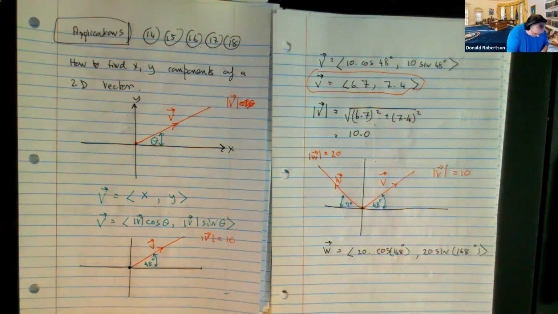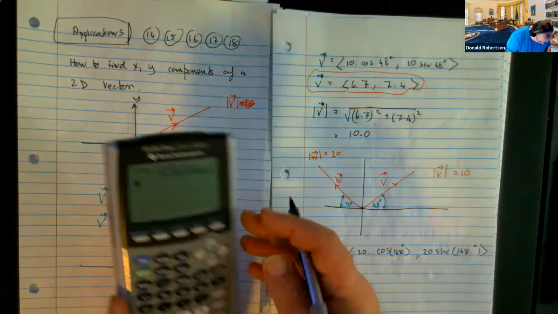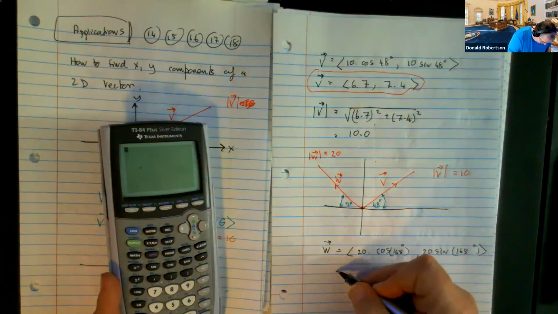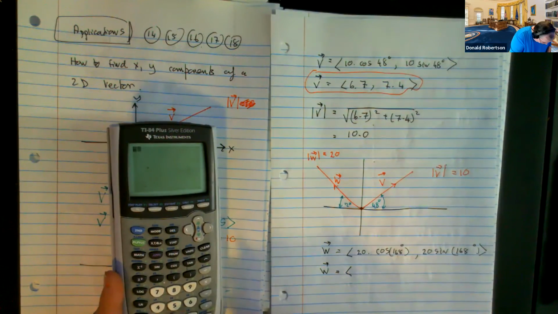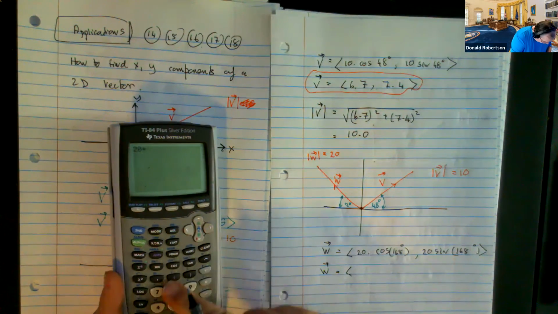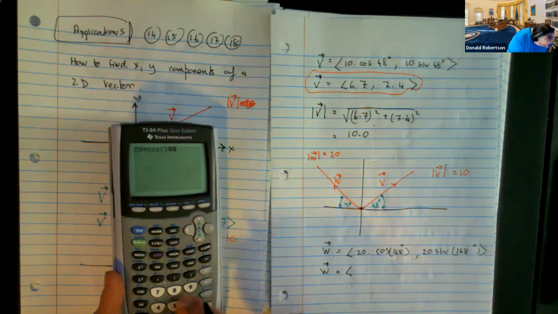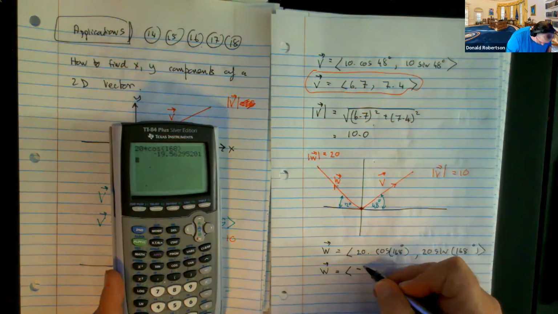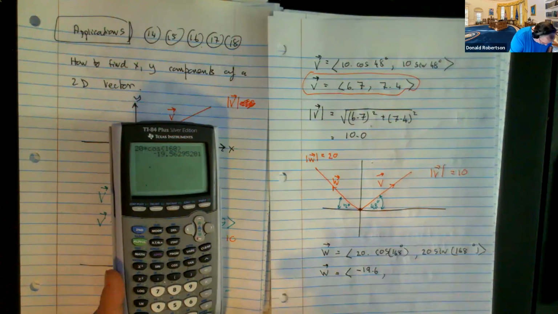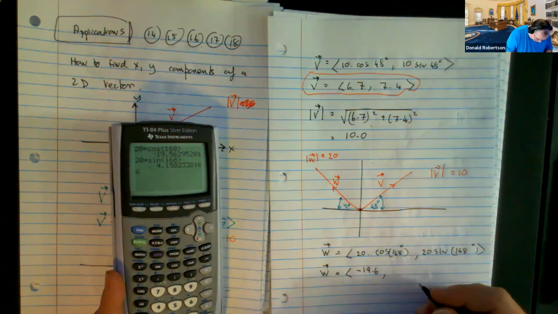Now on a calculator, again, this is a bit messy, so bear with me. I'm going to do 20 times the cosine of 168, which is negative 19.6, and 20 times the sine of 168 is 4.2.